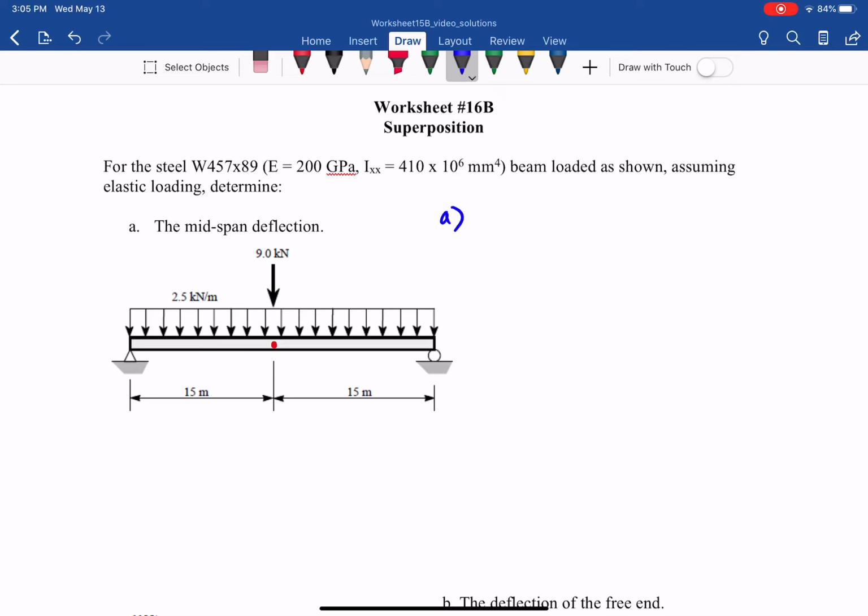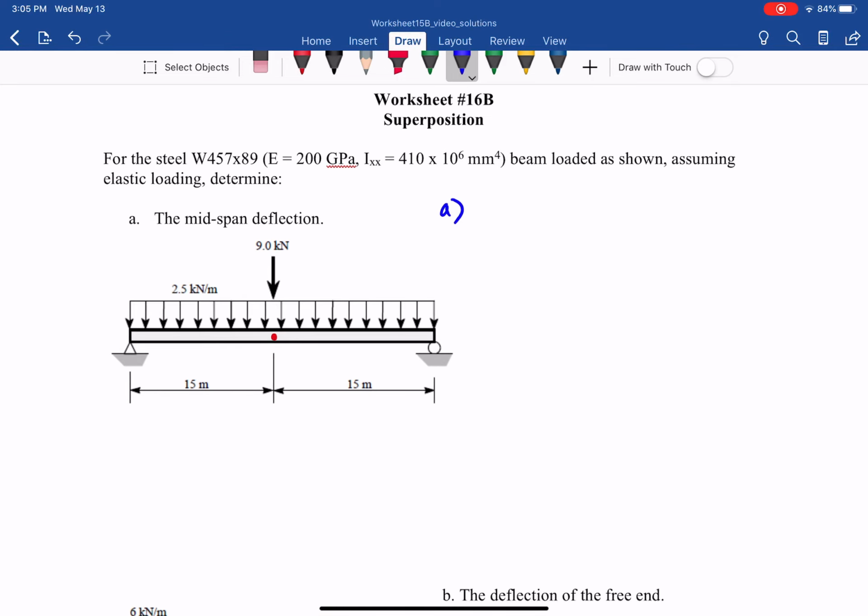So what do we have? We have two types of load here. The first, uniform distributed load, 2.5 kilonewton per meter throughout the beam, and then we have a concentrated load, 9 kilonewton at the midspan. With that, we can consider one at a time on this component.